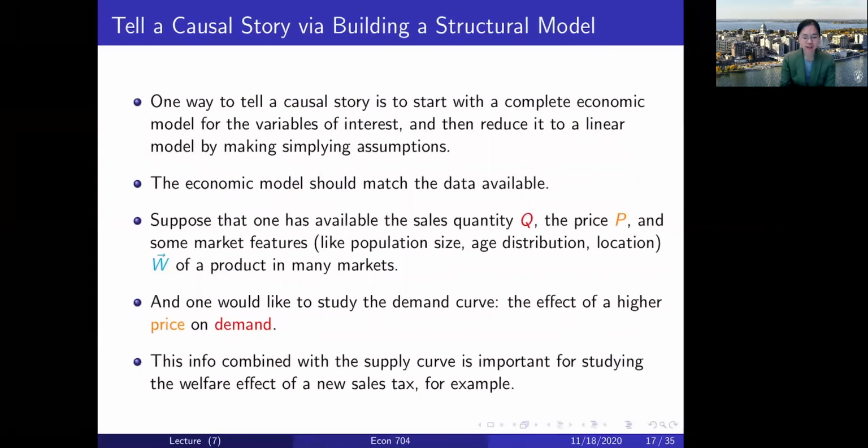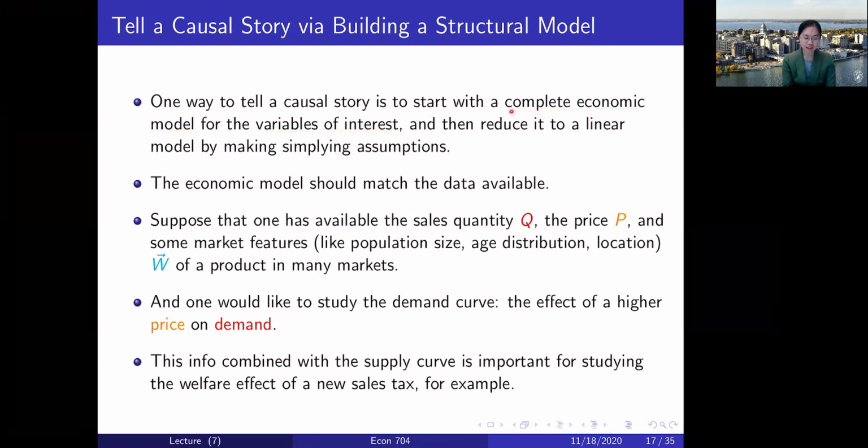Now, the first way to tell a causal story is to build a structural model. So what is a structural model? A structural model is, in the economics context, a complete economic model for the variables of interest.